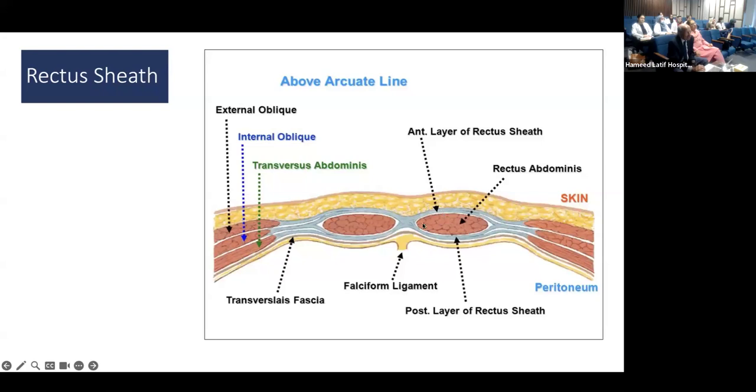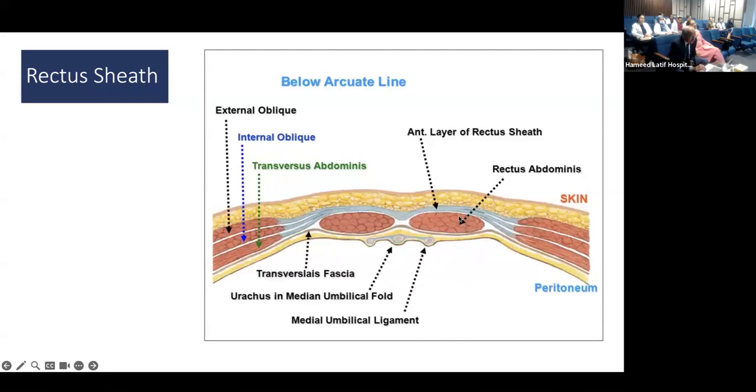It is important to learn that it would be going a little to the right, and that's why if we are extending an incision above the umbilicus, we usually extend on the left side, and we need to take care at that time that we do not unnecessarily cut the falciform ligament. So this is the posterior layer of the rectus sheath.